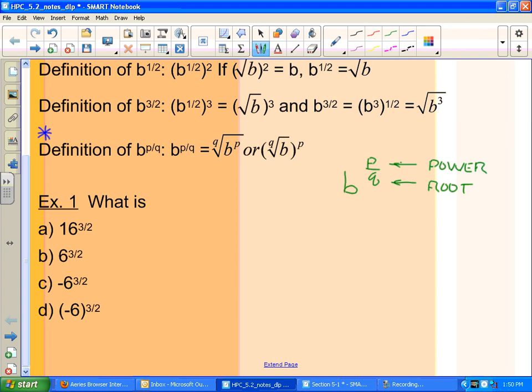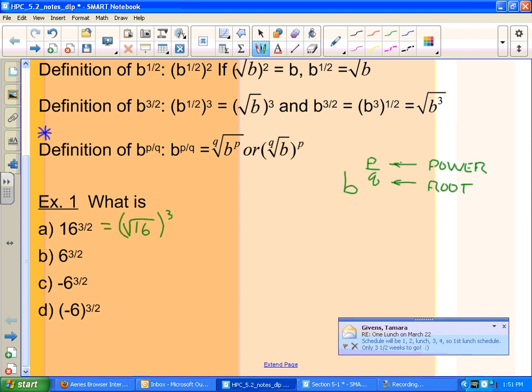Okay. So 16 to the 3/2 power. Would you rather, A, take 16 to the third and then find the square root of it? Or would you rather take the square root of 16 and then raise that to the third? Yeah, I would too. It makes a little more sense for me to do the root first. So in this one, we're going to take care of the root first, and then we'll take that answer and raise it to the power.